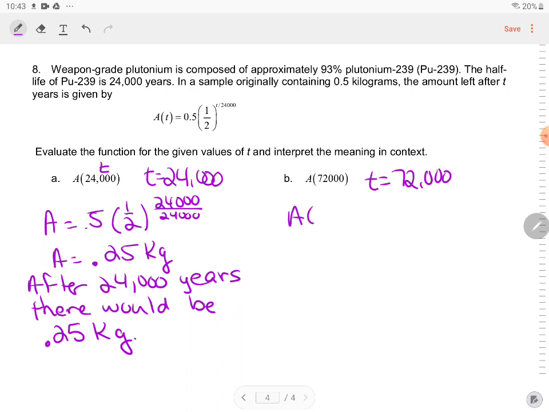Again, so A of 72,000 is equal to 0.5, because that's the initial amount from right here, 1/2 to the 72,000 divided by 24,000. Now, I could go ahead and divide that out.